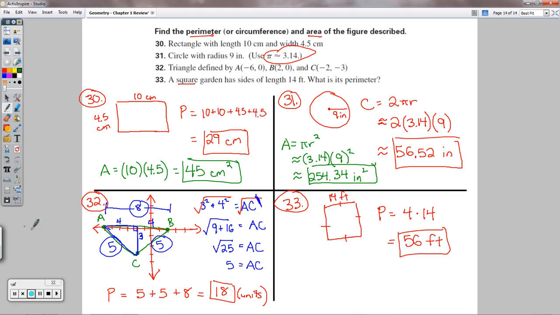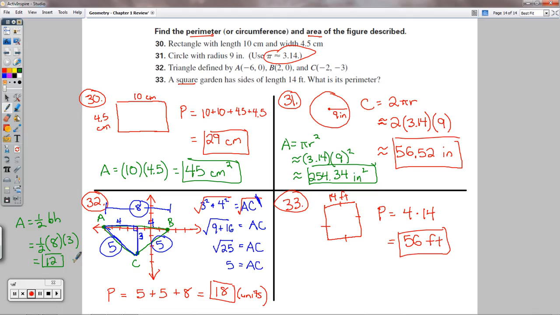Over here, I know that area is 1/2 base times height for a triangle. So I've got 1/2. The base, I could say, is this part, and the height would be a part perpendicular to one of those sides. It would be this 3 part. So I've got 1/2 of 8 times 3. That's 1/2 of 24, which is 12.